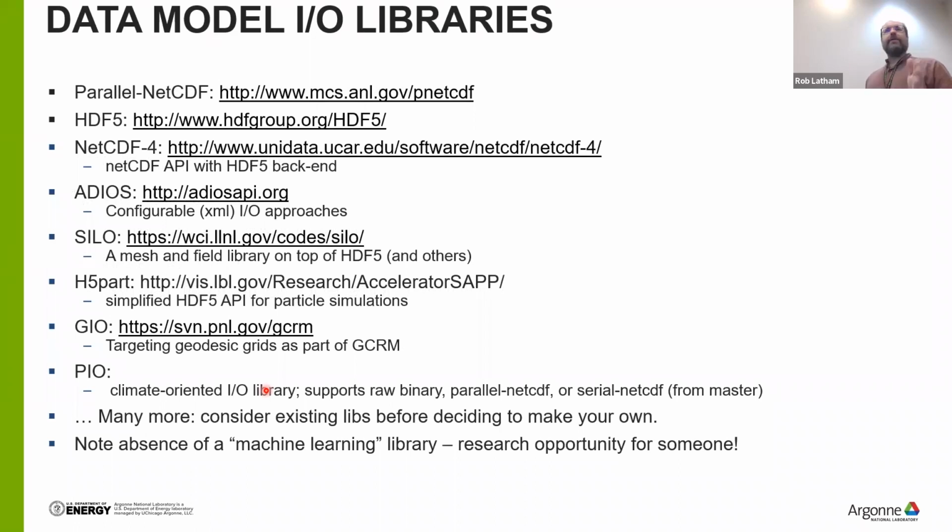So there are a lot of high-level libraries. Some of them are, talk about Parallel-NetCDF and HDF5. A lot of them are built on HDF5. My favorite example is H5Part, which takes the 300 routines of the HDF5 API and distills them down to the 7 that you need to do particle accelerator codes.